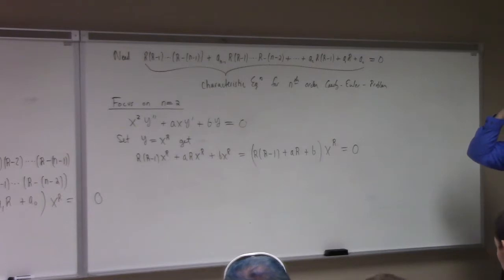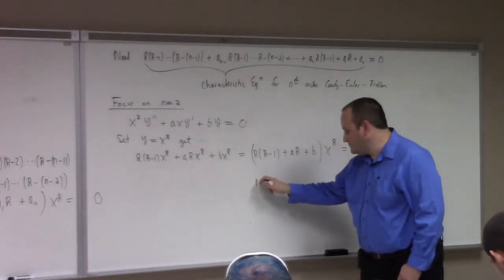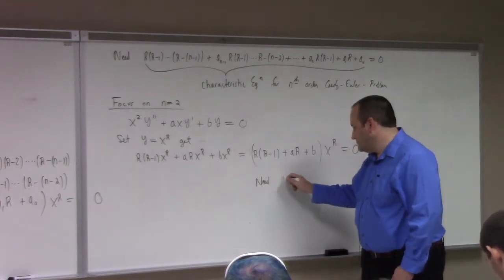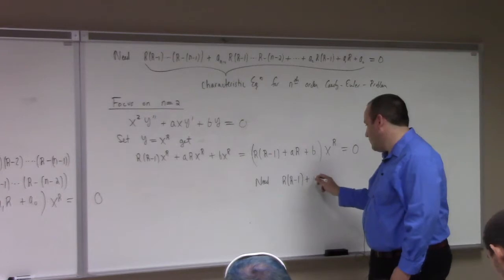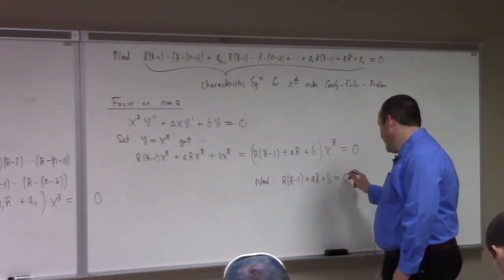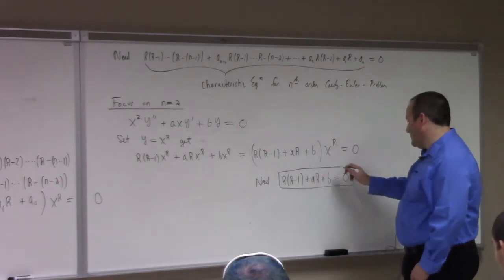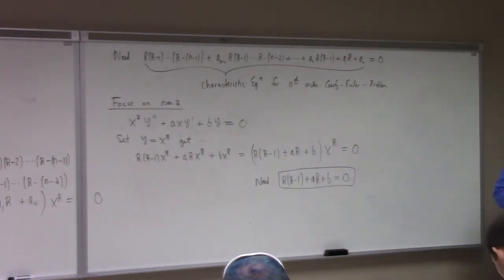So in order for x to the r to be the solution, what do we need? So there you go. This is the characteristic equation for the n equals 2 Cauchy Euler problem. I can solve that. It's a quadratic equation in r, right?